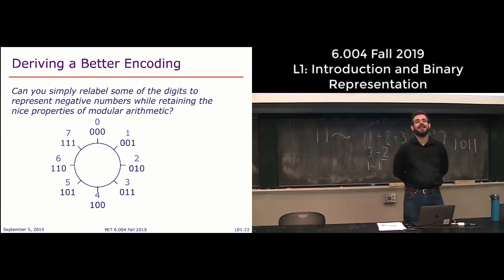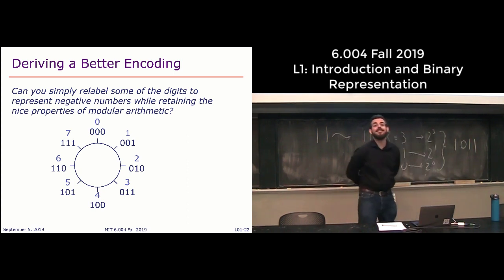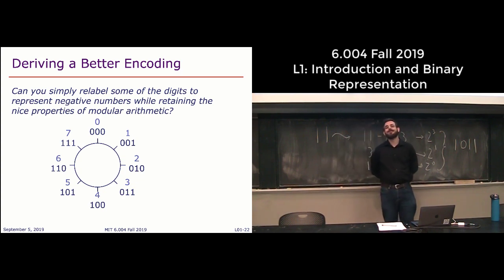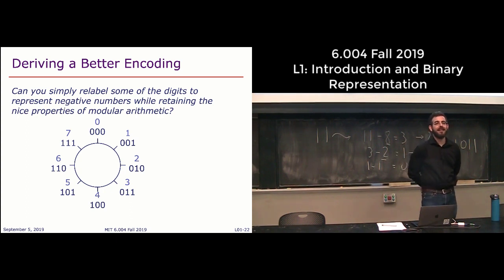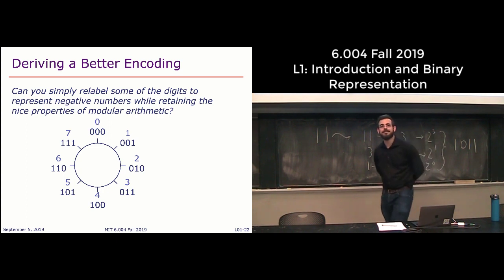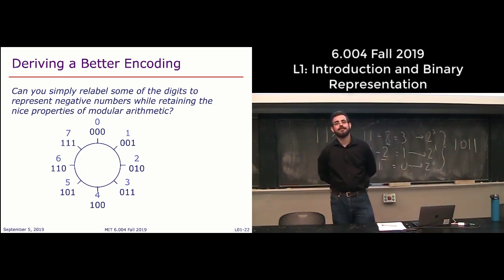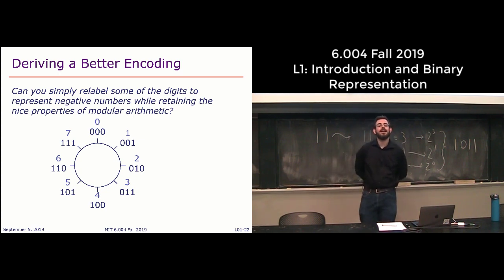Yes? Make half the circle negative. Sorry? Make 1/2 the circle negative numbers. Right. But how? More specifically. Well, the left half, for example, has the leftmost bit 1. Mm-hmm. So if the leftmost bit is 1, then the number is negative.